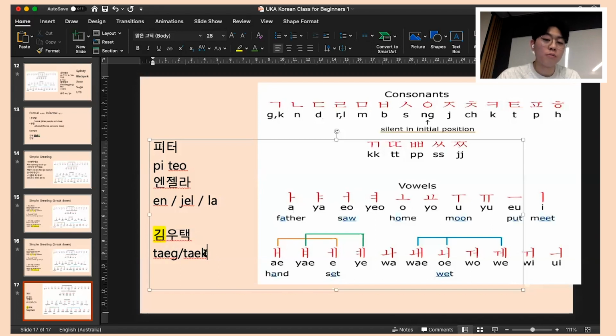So you wouldn't really pronounce the K at the end, but Tek, it just drops with the stronger version of G, Kim U Tek. Any more names? This was easy.